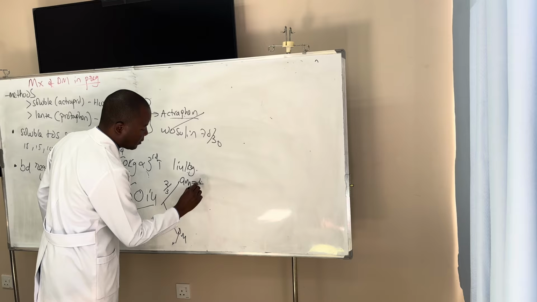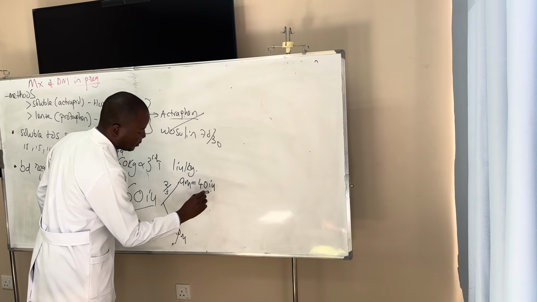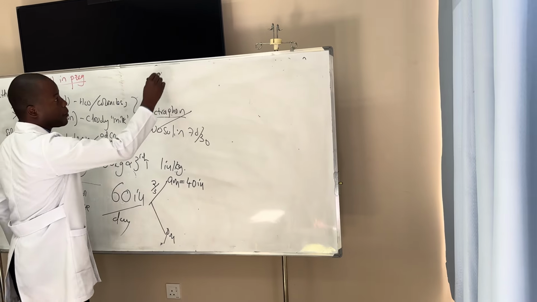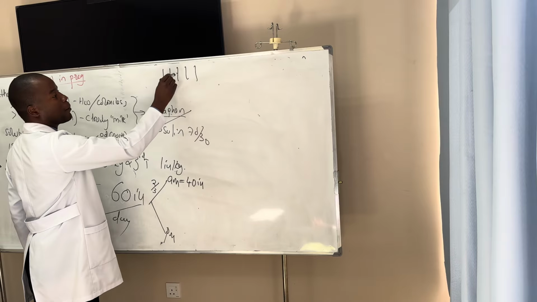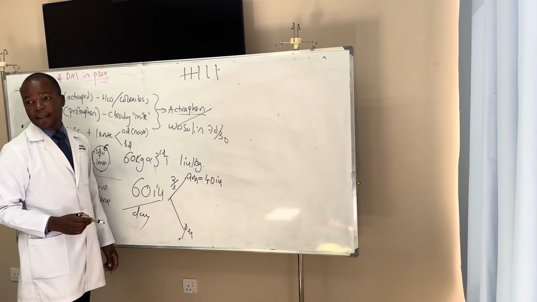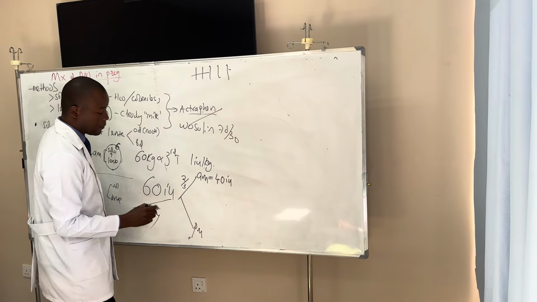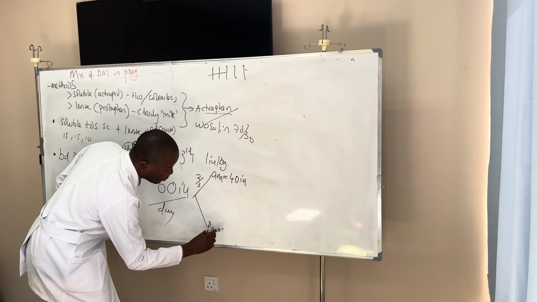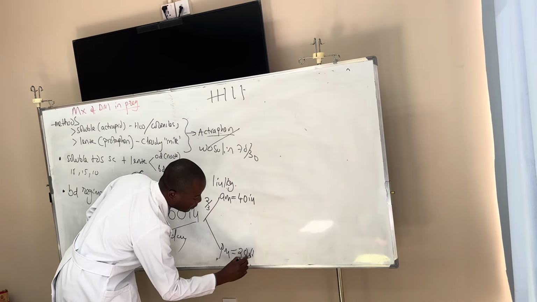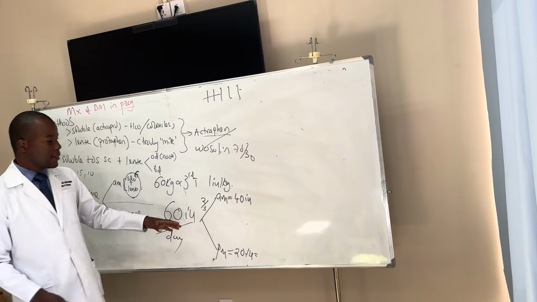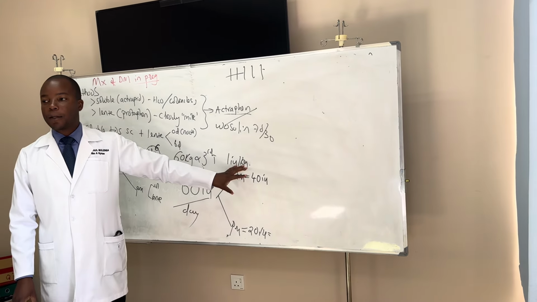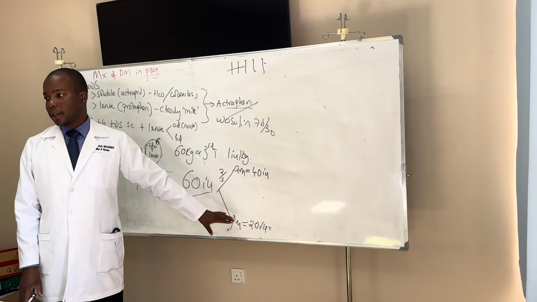It's 40 international units. Then this one will be 20 international units. So it means you will give 40 in the morning, 20 in the evening.